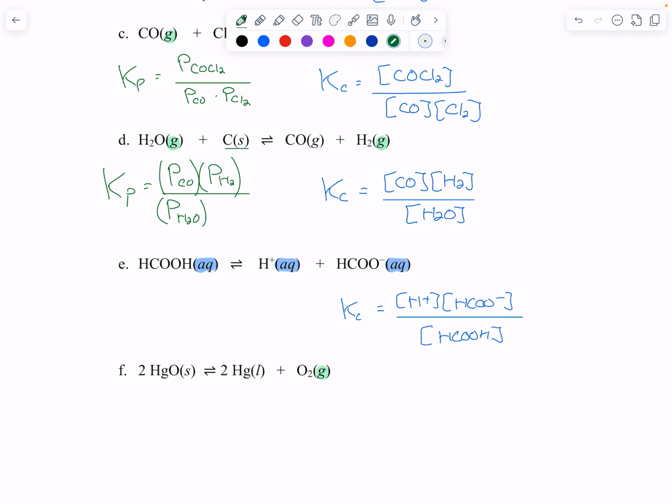All right, so I can do Kp, and that would just be the pressure of O2. And that's it. And Kc is just the concentration of O2. That's it, right? Why? Well, because we have liquid and we have solid, and they're not written in the equilibrium constant expression. All right, so that's right in the expression.